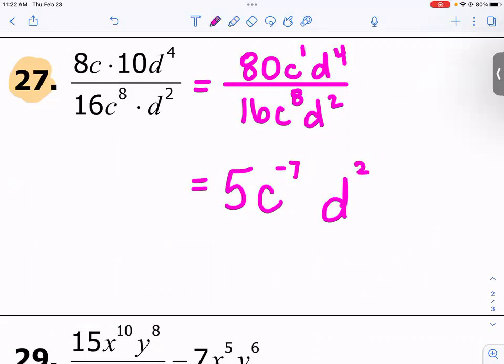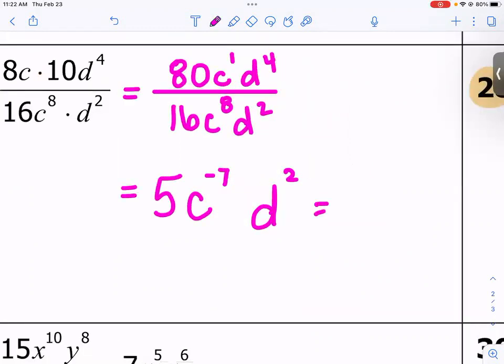Okay. So we are going to rewrite this. 5D squared gets to stay because they have positive exponents. But our negative exponent has to go to the other side of the fraction bar. Okay. So we were getting close on that one.